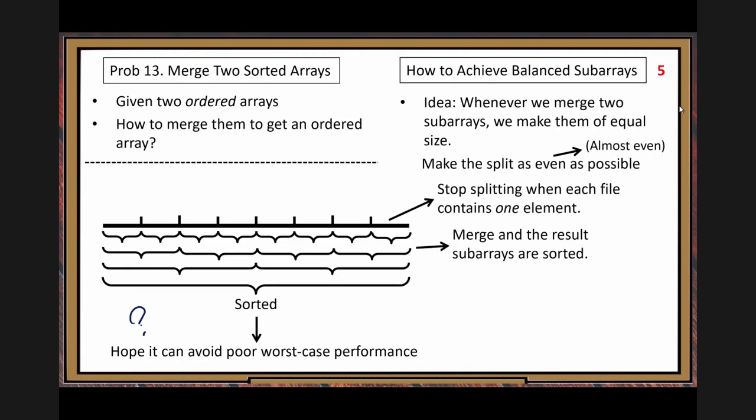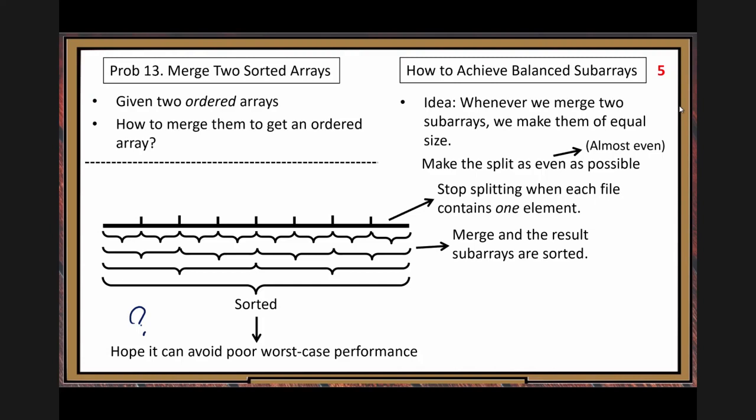Why take this special way? There must be some reason, right? If you want to answer that question, the answer is right here: we hope by taking this special way, we can avoid poor worst case.